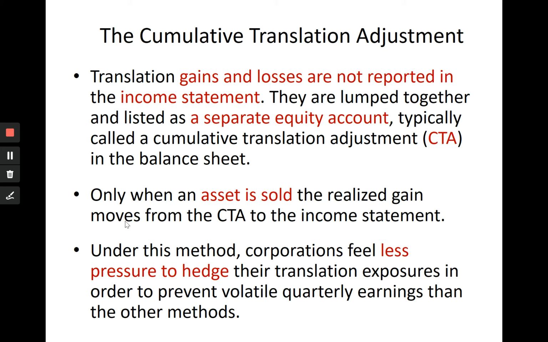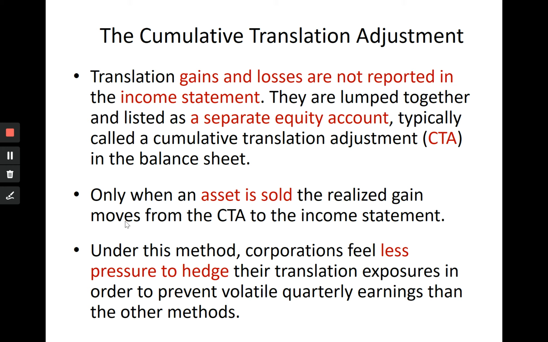Translation gains and losses are not reported in the income statement. They are lumped together and listed as a separate equity account. So yes, in the balance sheet, we would lose value, owners would lose value, but our profits are not affected.